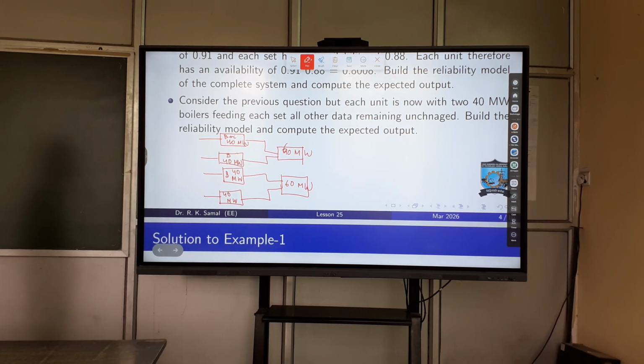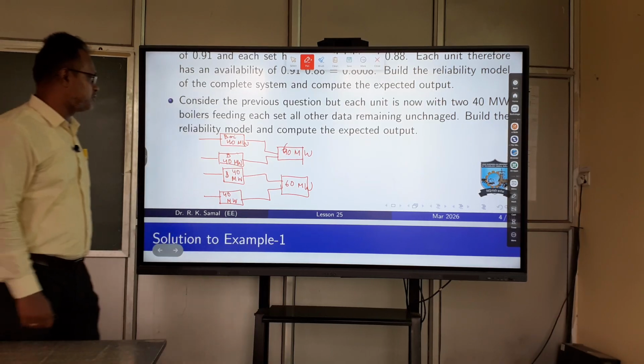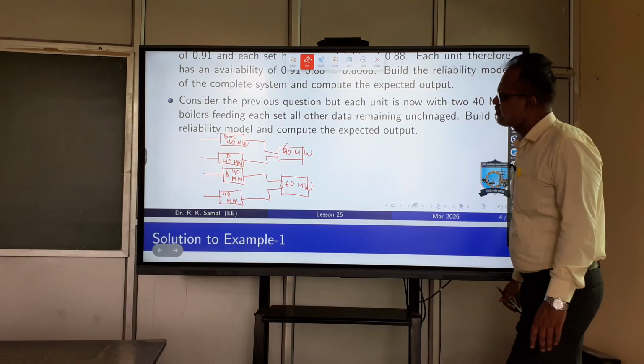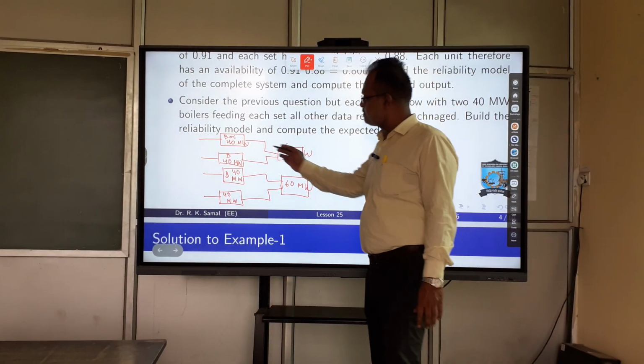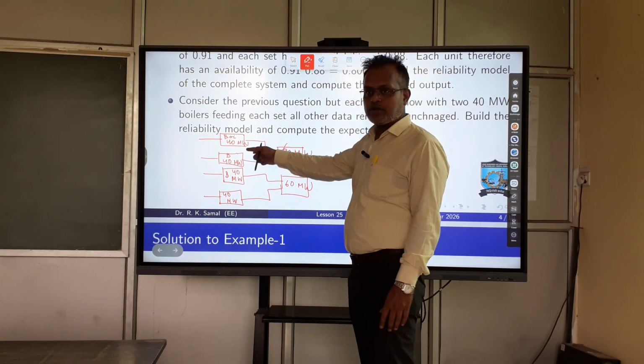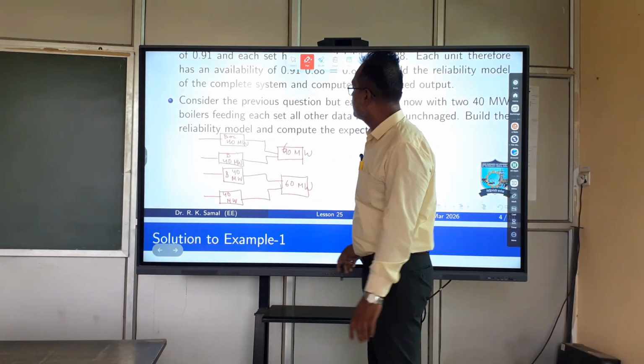All other data remaining unchanged. Build the reliability model and compute the expected output. So each unit having 40 megawatt boilers.